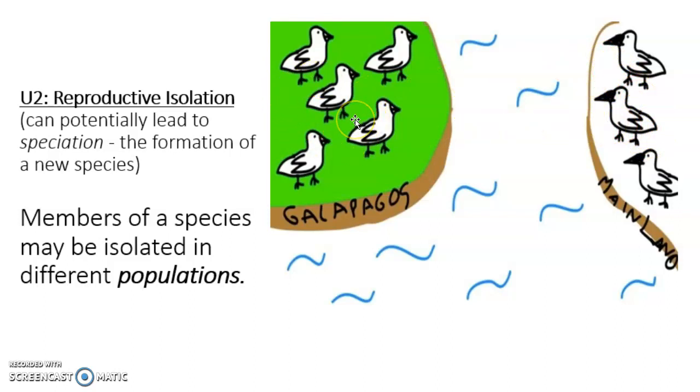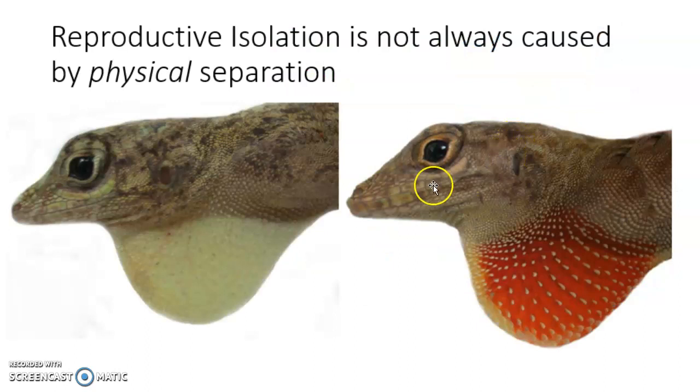It's important to remember or realize that reproductive isolation is not always due to a physical separation. Think of the lizards in our backyard. These are called anoles. Now, these anoles have this flap right here, you may be seeing these. It's called a dewlap. Now, when these lizards mate, they will select a mate based on the quality, if you will, of the dewlap.